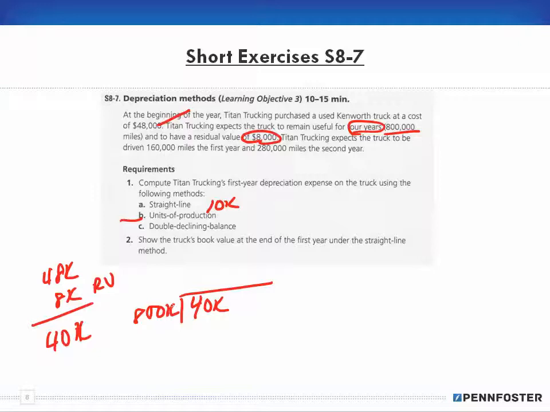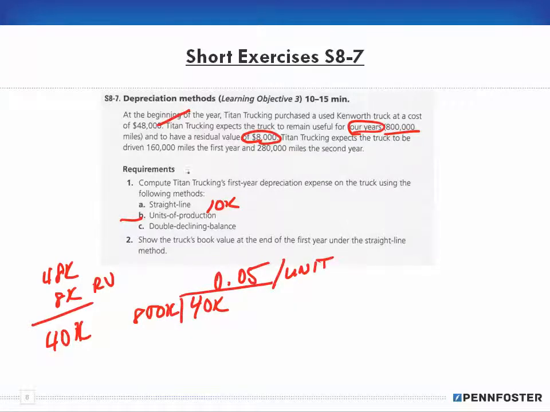In order to get a per unit cost, 40,000 divided by 800,000 gives us 0.05 per unit. That's our cost per unit.